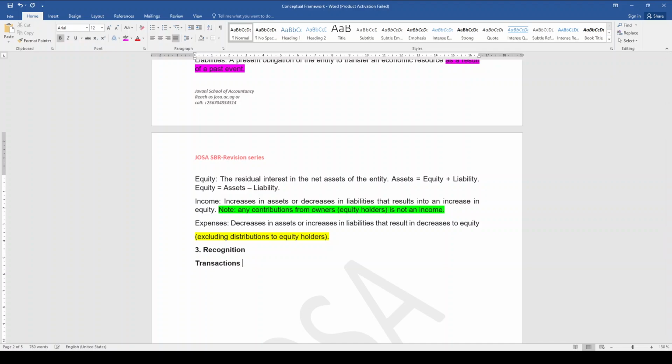Transactions should be recognized in financial statements if, we've said that one, they meet the definition of an element, and the second requirement, its recognition provides relevant information.